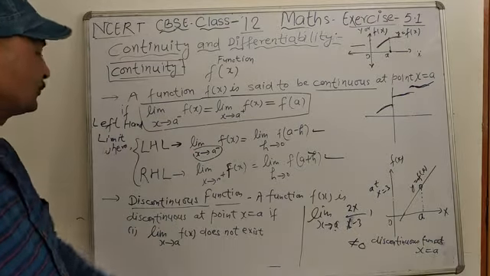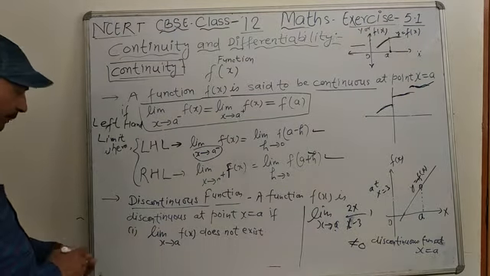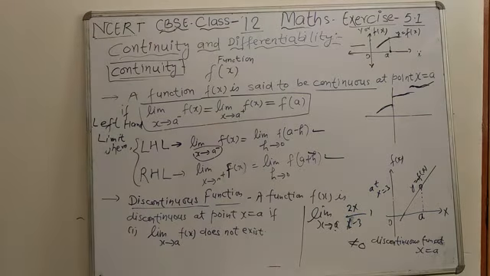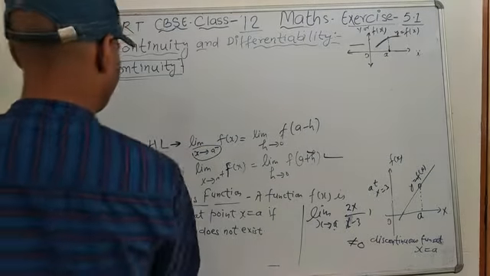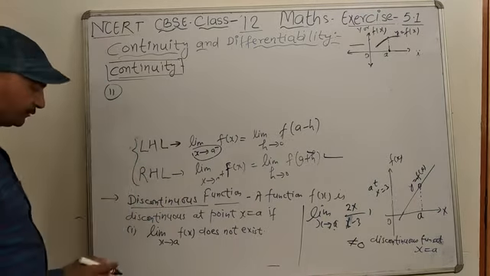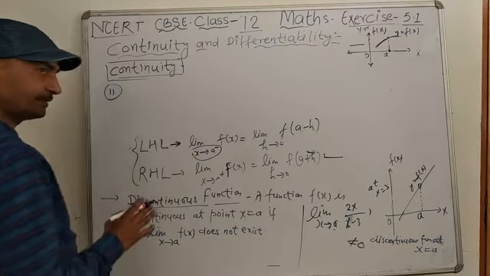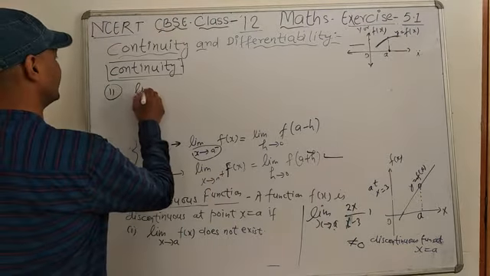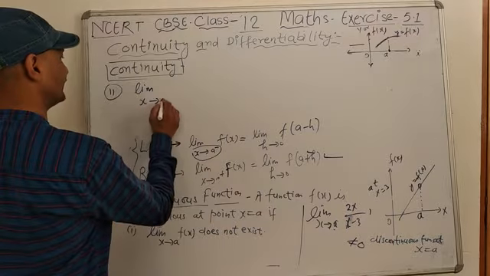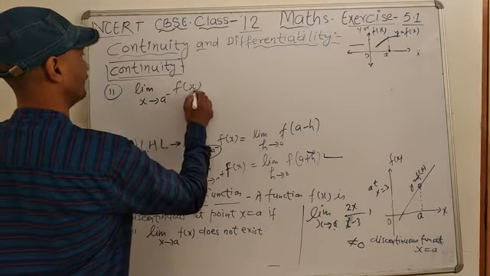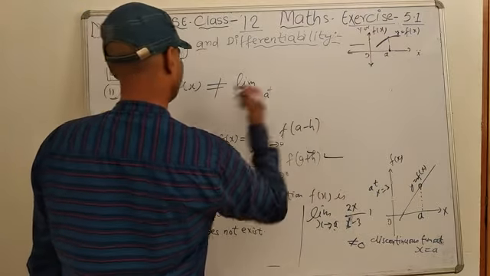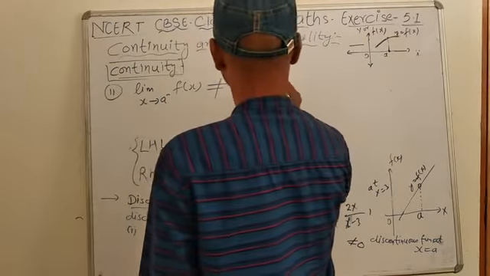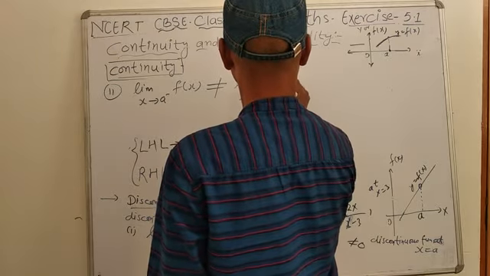So that was the first condition for discontinuity. Now the second: for discontinuity, the left hand limit is not equal to the right hand limit, that means the limit as x tends to a negative of f(x) is not equal to the limit as x tends to a positive of this function f(x).